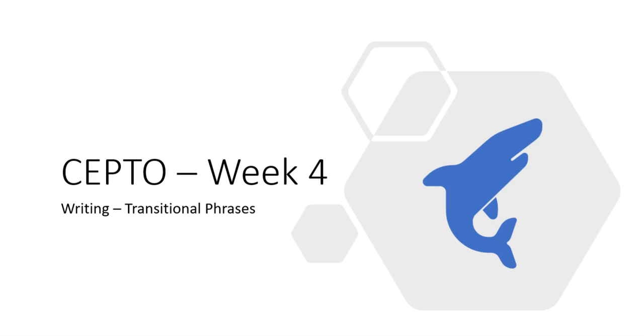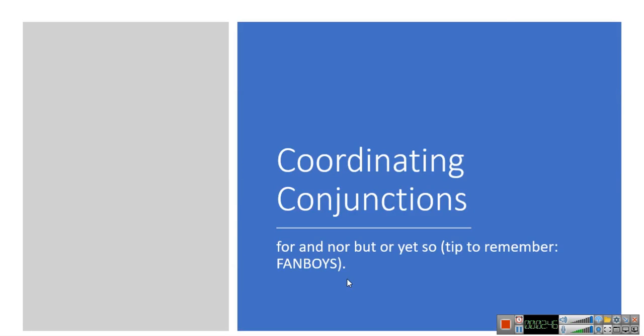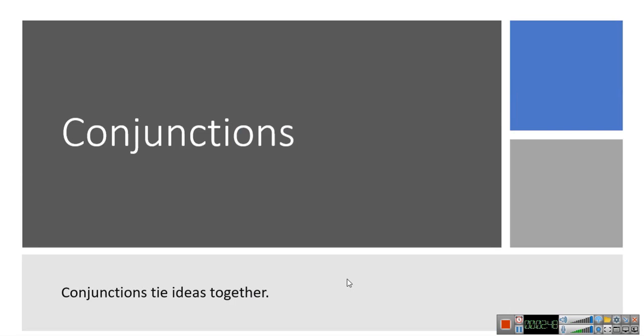Okay, so in order to comprehend what are transitional phrases or transitional words, we need to have clear what are conjunctions. Conjunctions are words that tie together some of our ideas.